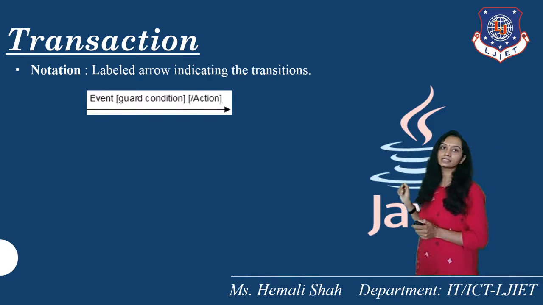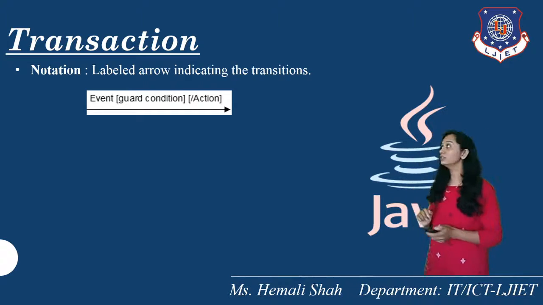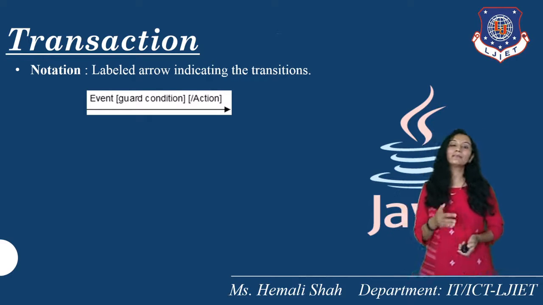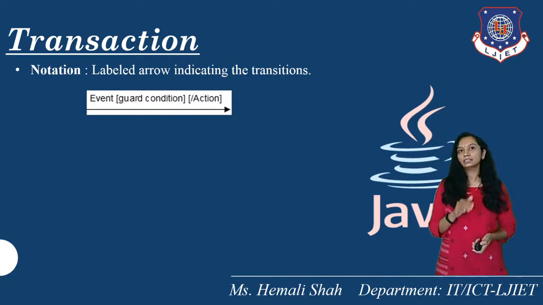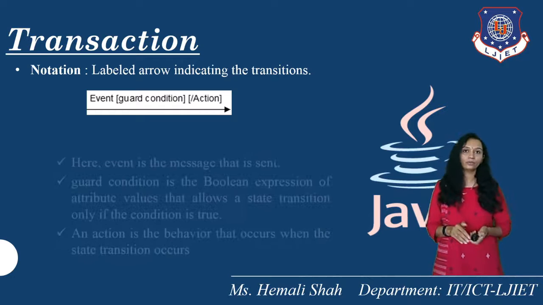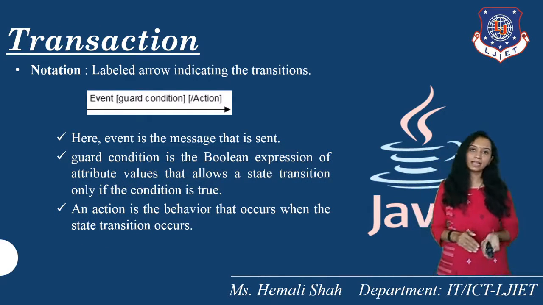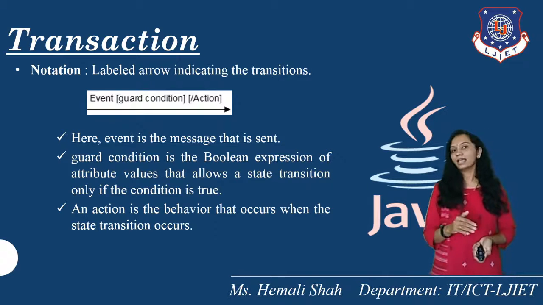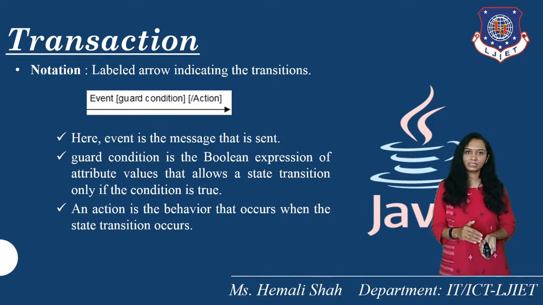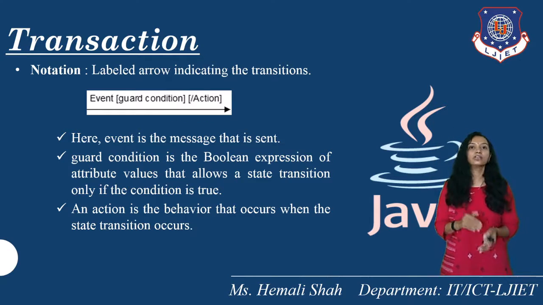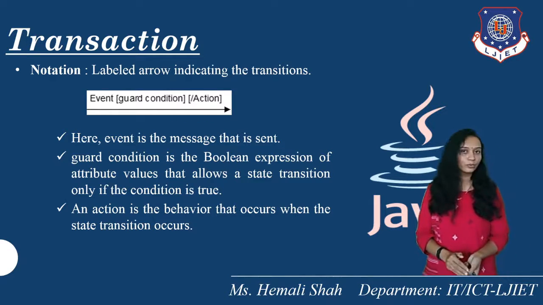This arrow indicates the symbol of this transaction, and you have to write this message over the arrow. Now what is the meaning of this event, guard condition and action on this arrow? Here the event is a message that is sent. The guard condition, that I have already told you, is a Boolean expression of the attribute values that allows the state transaction only if this condition becomes true.